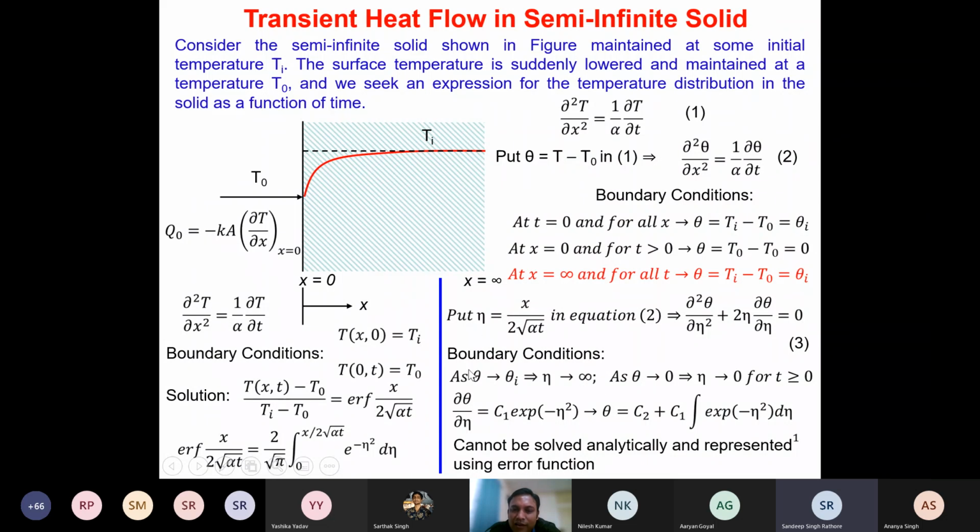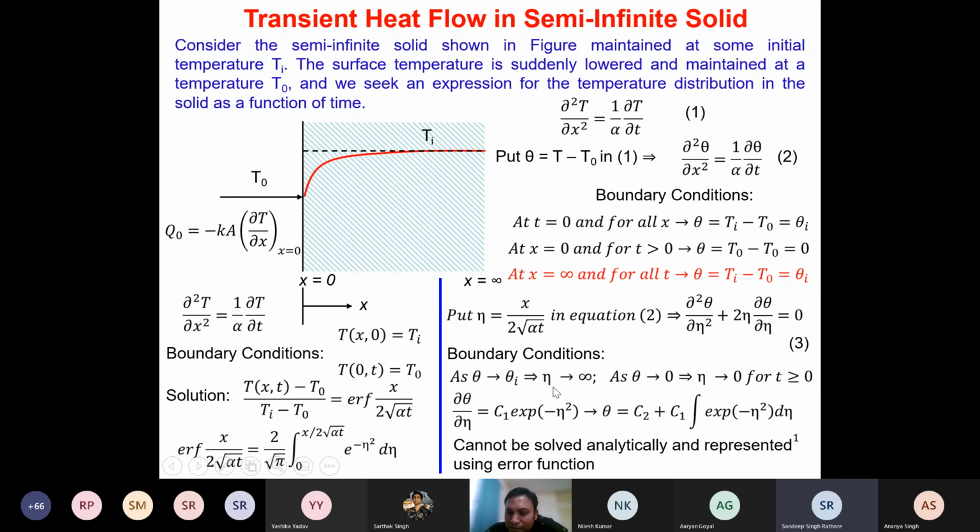Here you can see, I am getting theta I for time t equals to 0 and at x equals to infinity. Both you can put it here. If you put time t equals to 0, you get eta equals to infinity. If you put x equals to infinity, still you get eta equals to infinity. That means at theta equals to theta I, your eta is infinity. Or rather, I should say, when eta tends to infinity, we get theta equals to theta I.